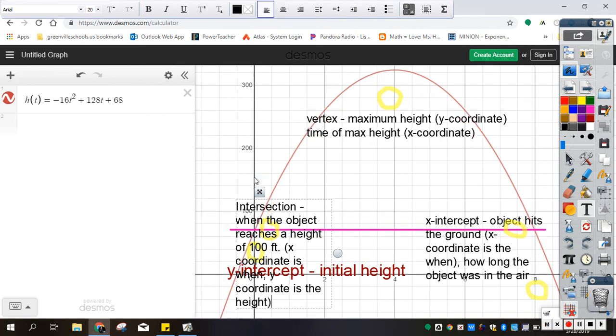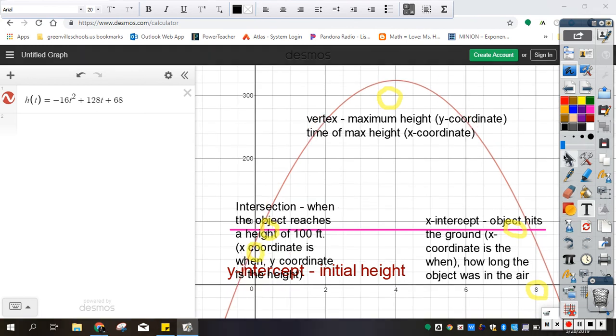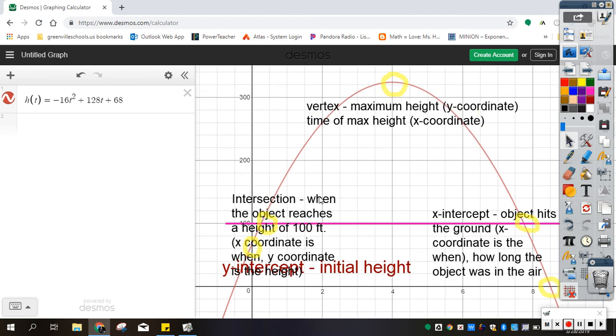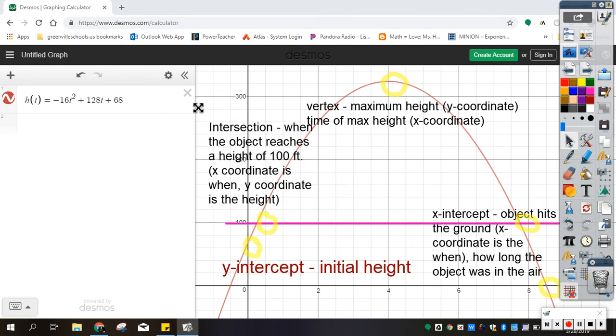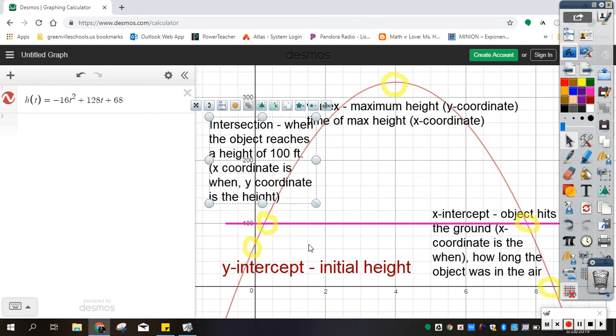And so in class, we used our graph to find that. We used the trace function on the calculator. You could also use the table and search the table for the x and y value that you're looking for.